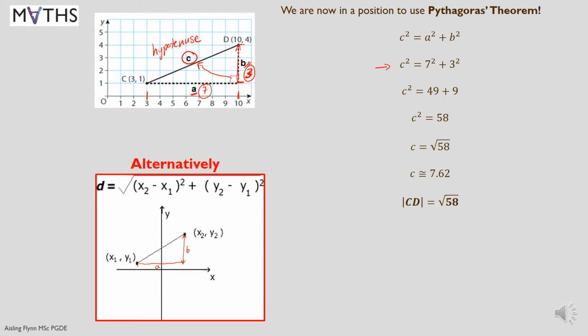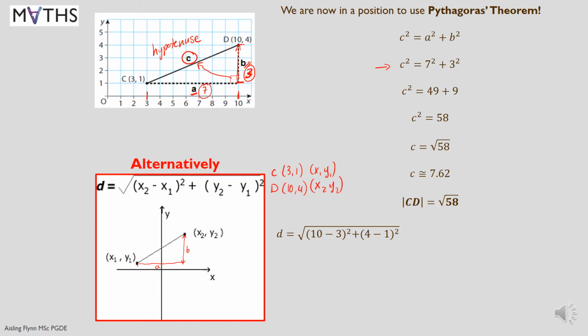So this is just an alternative representation of Pythagoras' theorem, but you can use it straight off when you have the coordinates, for example, if you didn't have the graph shown. So this is how we do that. Remember, our C was (3, 1), so that's my x1, y1, and D was (10, 4), so that's my x2, y2.